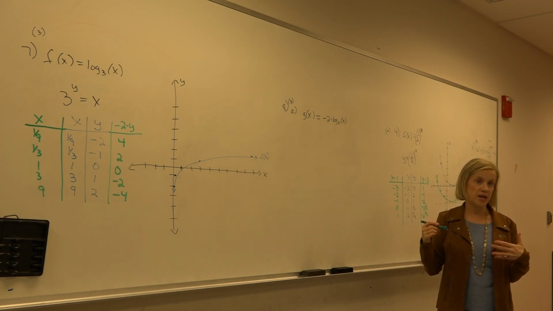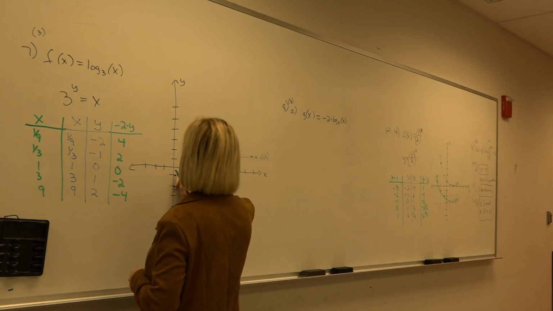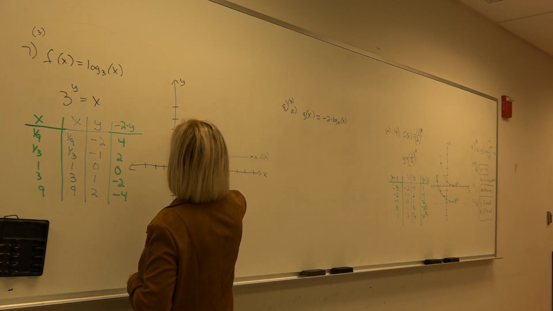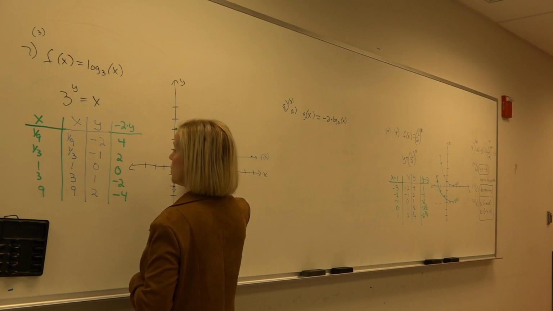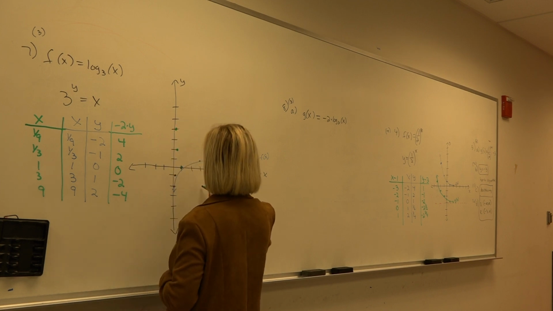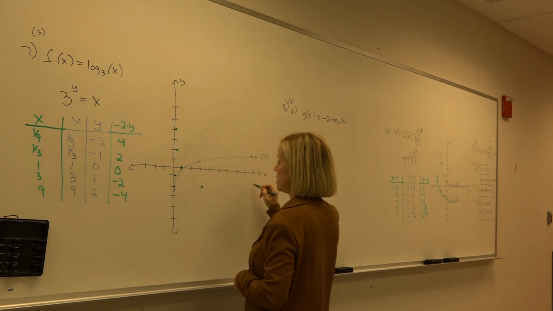x-axis for the negative. So graphing the green points, write 1/9, up 4, right 1/3, up 2, 1, 0, 3, -2, right 3, down 2, and 9, -4, right 9, down 4.